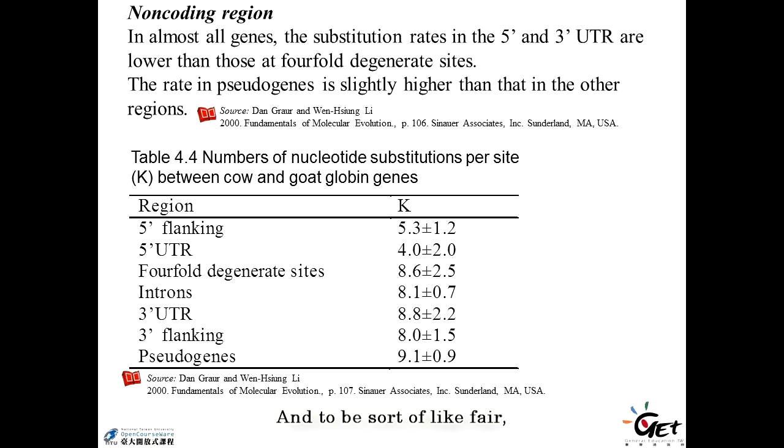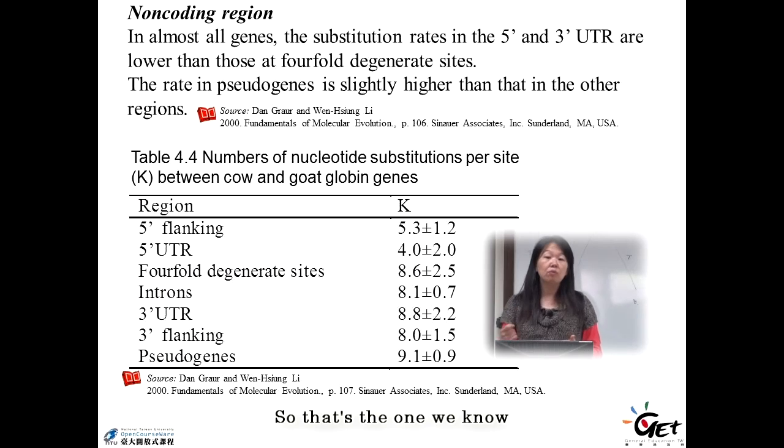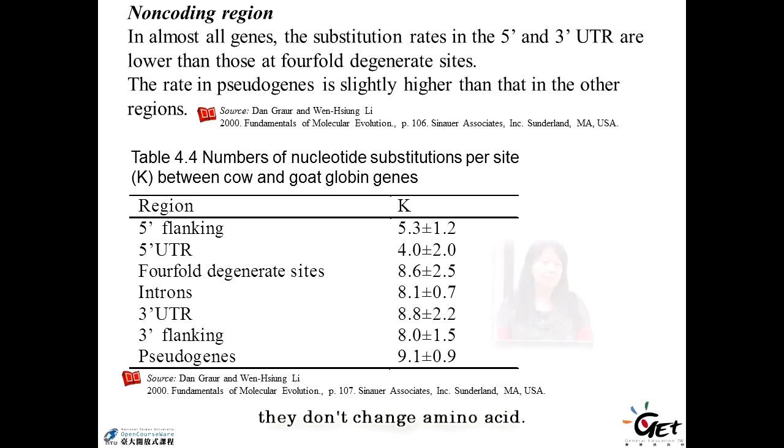And to be fair, we use the 4-fold degenerate site of the coding sequence. That's the one we know doesn't change the amino acid, regardless of the codon position, it won't change the amino acid sequence.